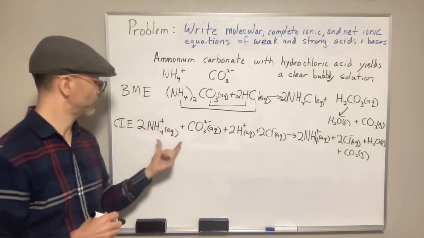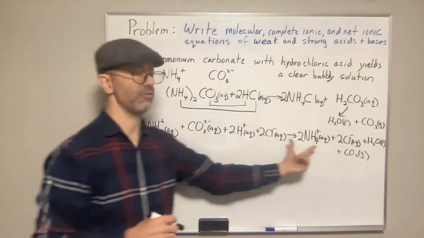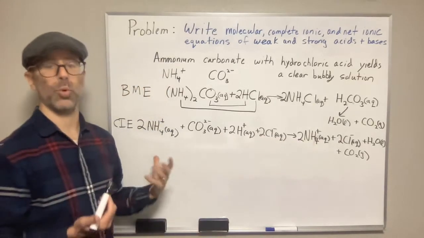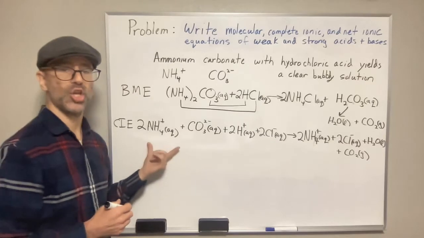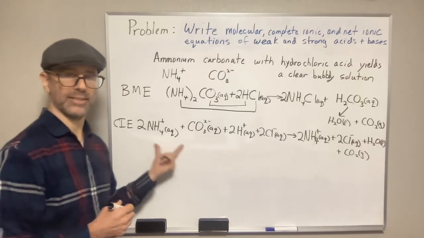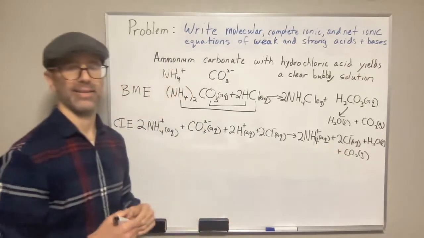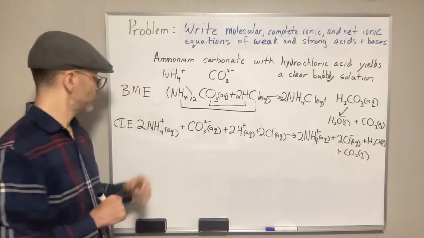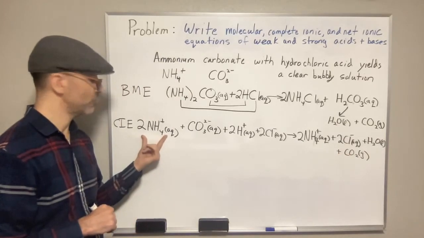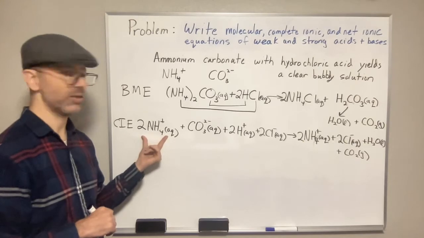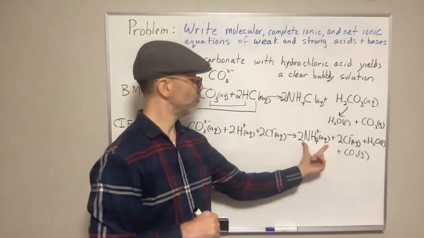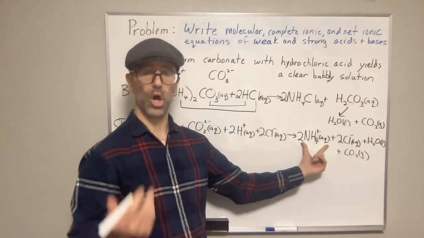Another way to do that is to look at both sides of your equation and see what stays the same. If there is no change from reactant to the product side, then that is a spectator ion. So for instance, here we have 2 ammonium ions, aqueous. Here we have 2 ammonium ions, aqueous, no change.